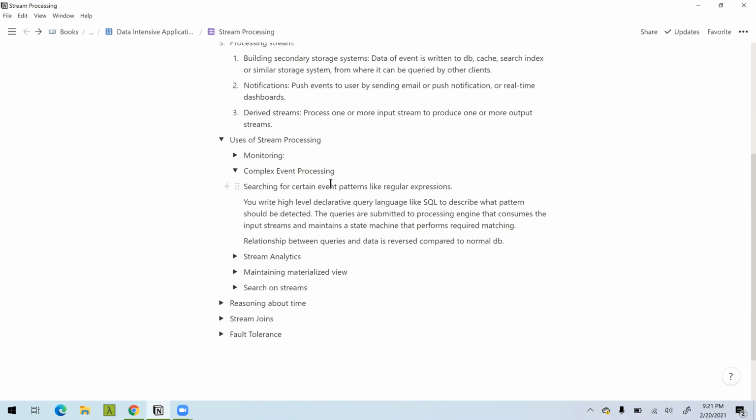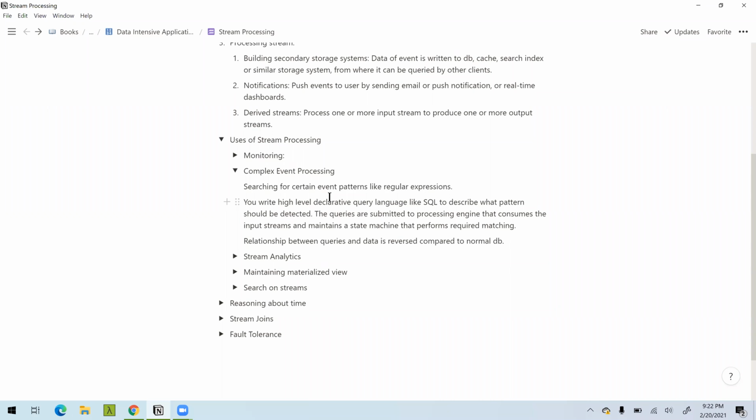So basically, what it means is that you are searching for a certain event pattern in the stream of data, right? And it is similar to a regular expression match. So you write a query in a high level declarative SQL-like language, and that query describes what kind of pattern should be detected.